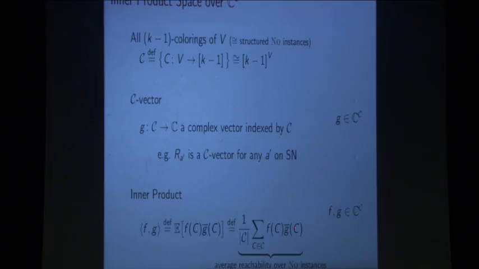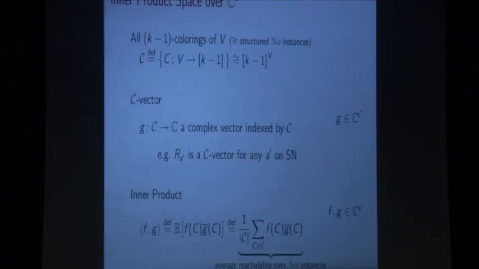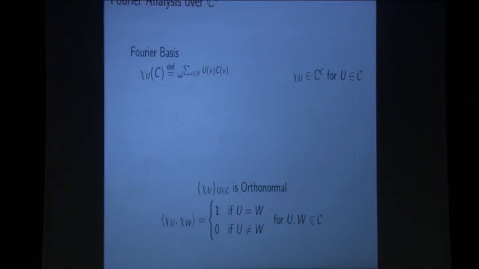Technically, if you don't plug in reachability vectors, then this doesn't correspond to reachability. But if you plug in reachability vectors, which will be the case in our analysis, then it corresponds to average reachability. Yes, you can think of it that way. Although we almost never plug in reachability for R A prime and R B prime at the same time. We only plug in one at a time.